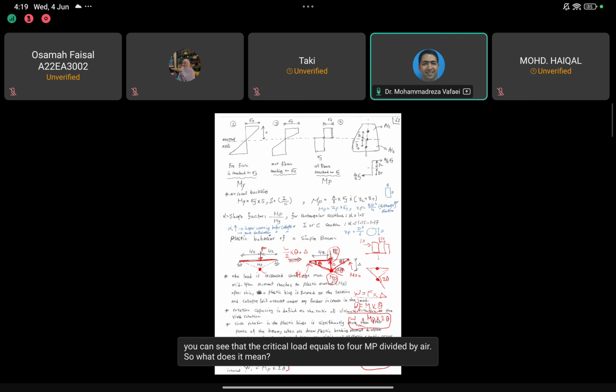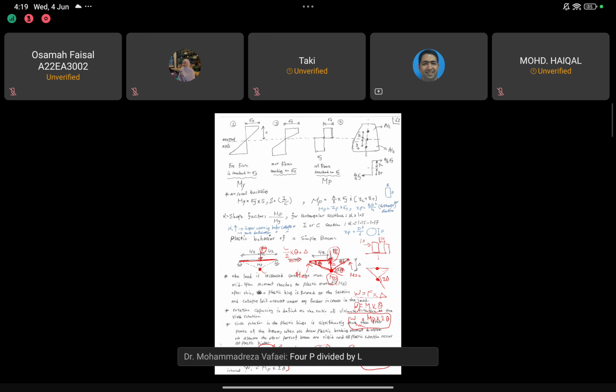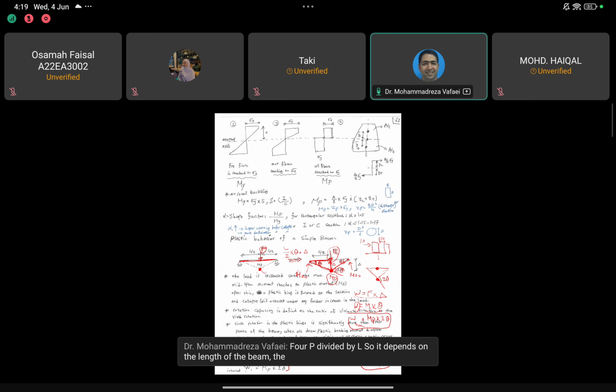That means that this beam can carry load until it reaches 4 MP divided by L. So it depends on the length of the beam. The longer is the beam, the smaller is the force that it can carry. And the larger is your MP, the larger will be the force that it can carry.